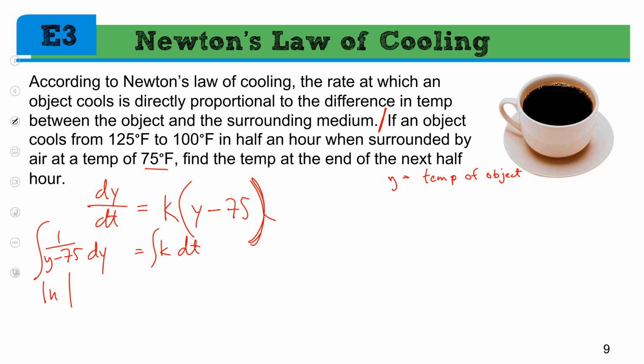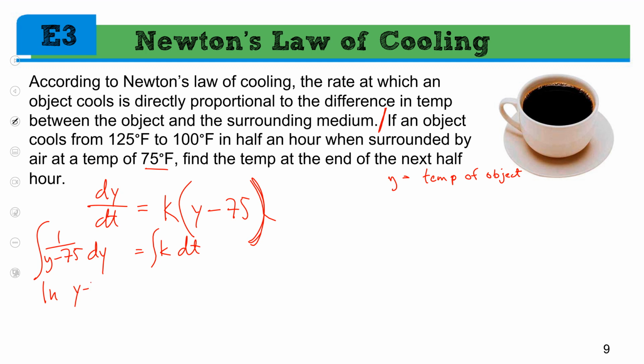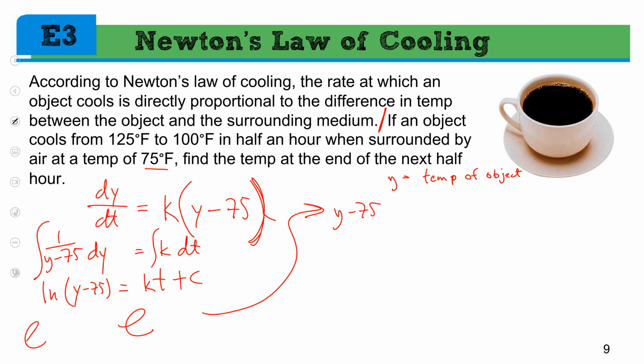The natural log of y minus 75 is equal to kt plus c. So that gets me y minus 75 is equal to c times e to the kt.